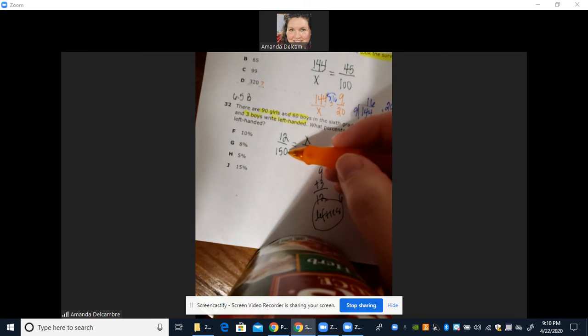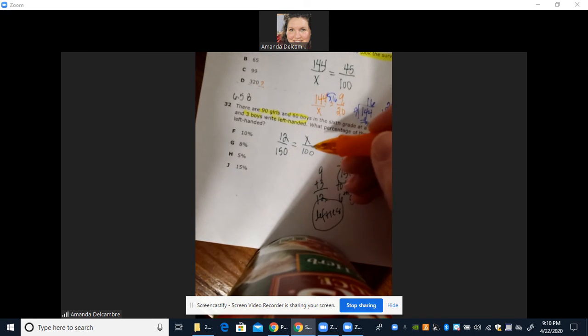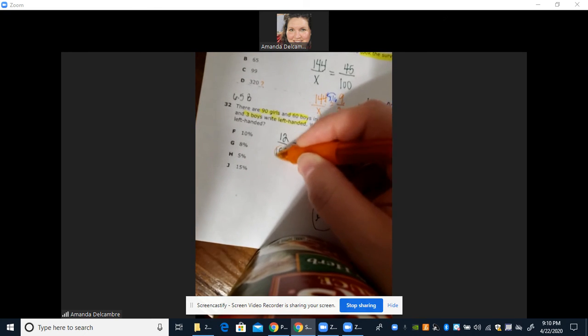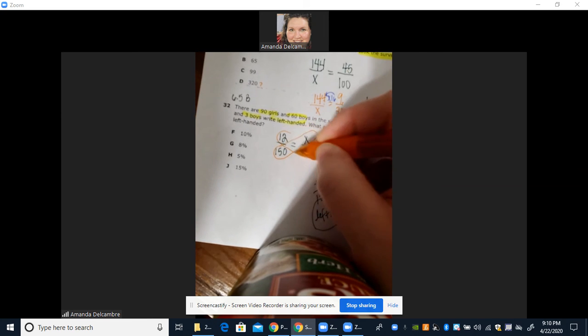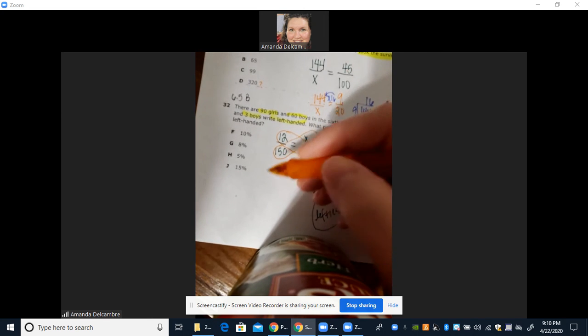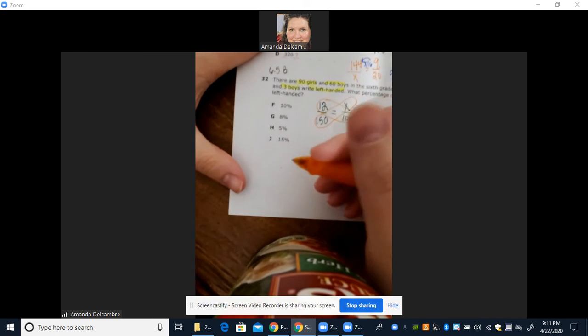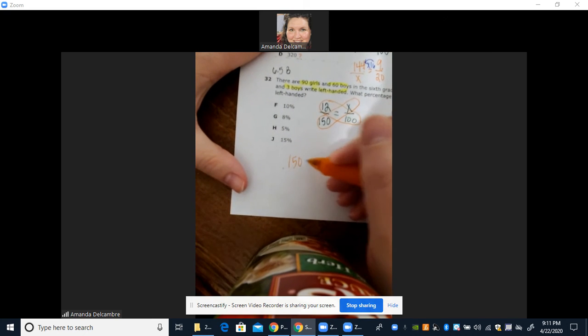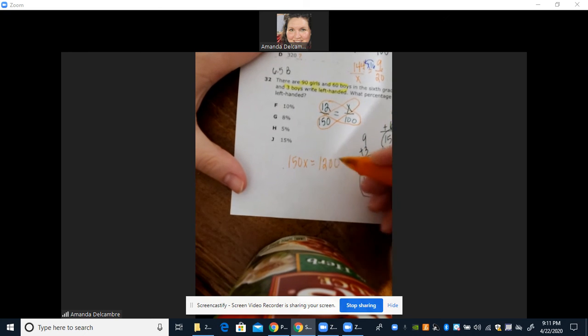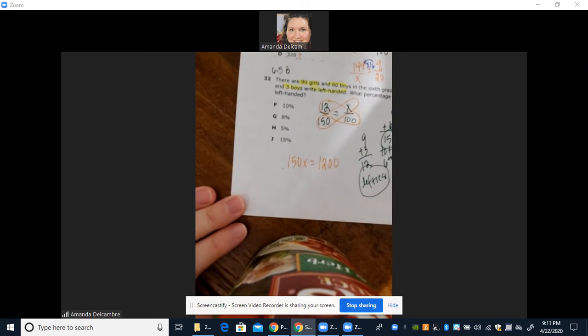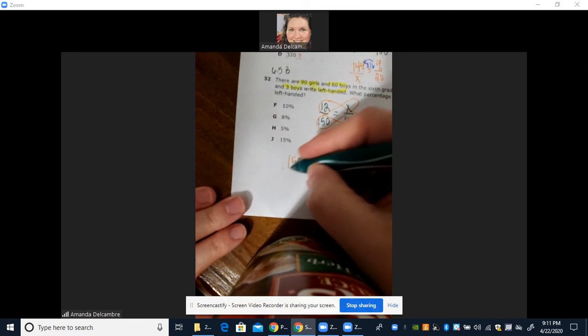Now, I could probably simplify if I could, but I'm just going to cross multiply real quick. 150 times X gives me 150X is equal to 12 times 100 gives me 1200. I would divide each side by 150.